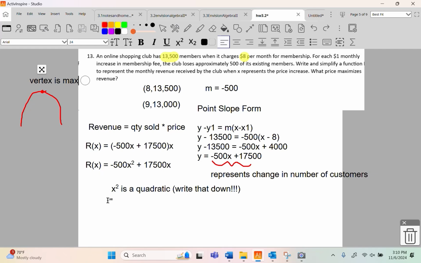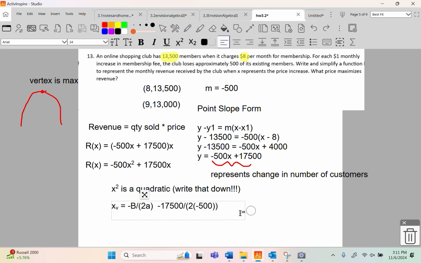Now, how do you find the vertex? The x-coordinate of the vertex, x subscript v, is and always will be for a quadratic equation, opposite b over twice a. So if I'm looking up here, I see I've got a negative of 17.5. I'm going to make it negative 17,500 divided by twice a, negative 500.